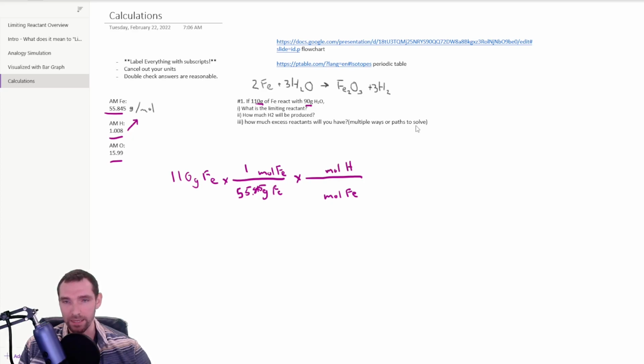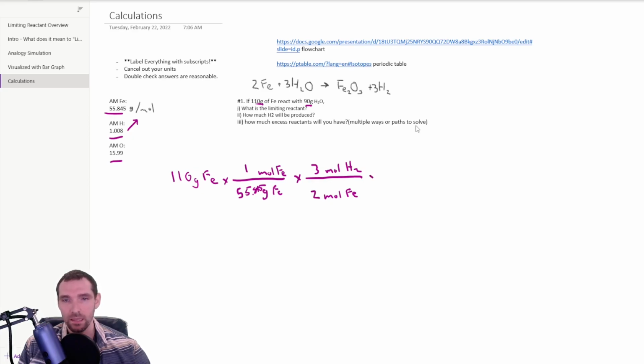So I know what my path is because I might as well work towards part 2. I could just solve for the iron oxide, but it doesn't really make sense given that they've asked us for that one. So I've got 3 of these moles for every 2 of these.